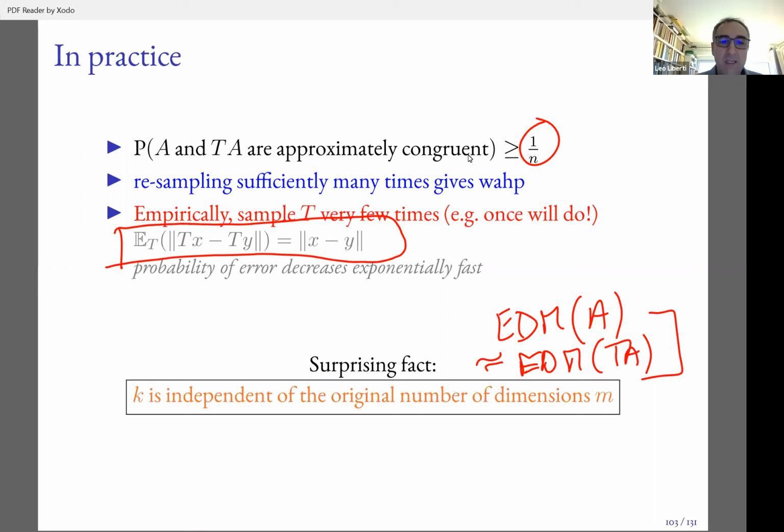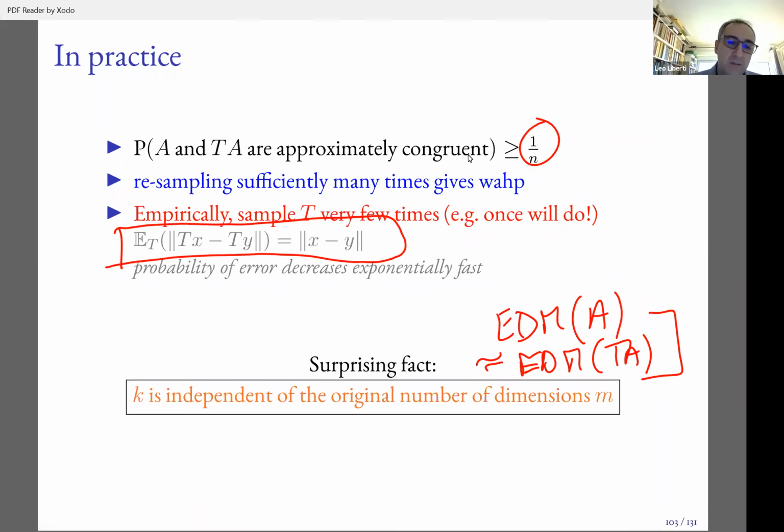So the fact that this method might fail to preserve certain very few of the pairwise distances shouldn't hurt any method too much. Of course, it may hurt a method very much on a given instance, okay? Maybe some given instances will be very wrong, but that's very unlikely, okay? So this is why you can sample T just once, essentially.